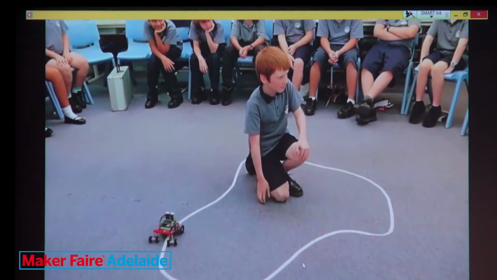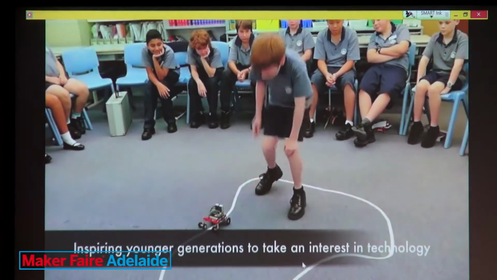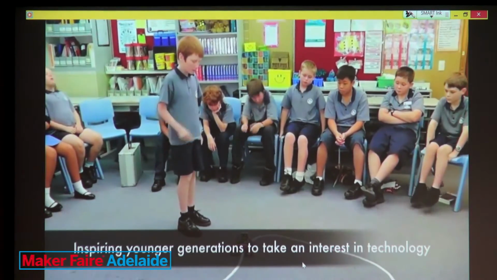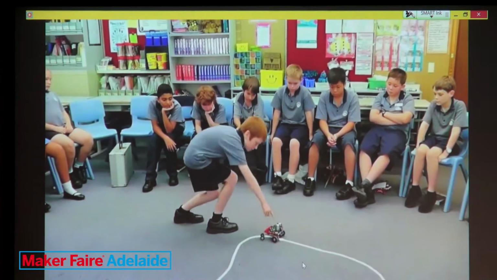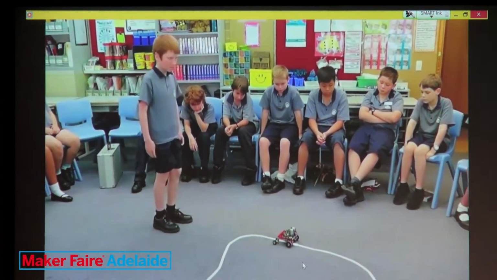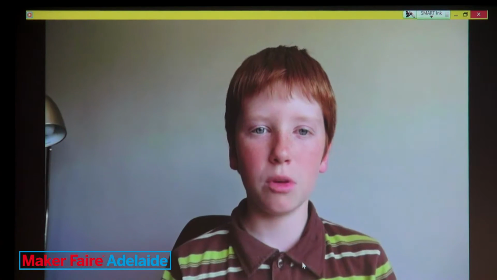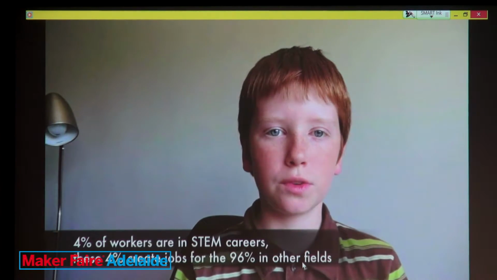I took my line follower to school and presented it to the class. My teacher and classmates were very impressed. As a result of this, we may start up a stem cell club at school. As you can see, I really enjoy making and modifying Lego bricks in stem cell. I can see myself doing this for a long time to come.